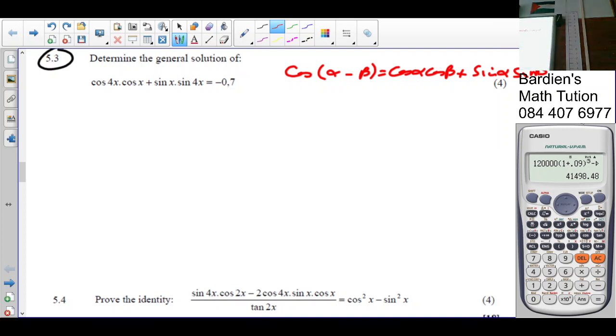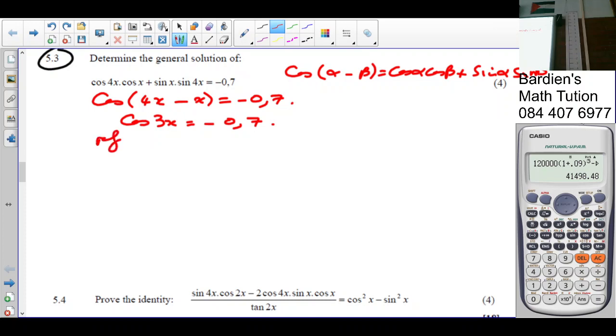So if we say alpha is 4x and beta is x, then this would have simply been cos of 4x minus x equals negative 0,7. So 4x minus x is 3x, of course, so it's cos 3x is equal to negative 0,7.